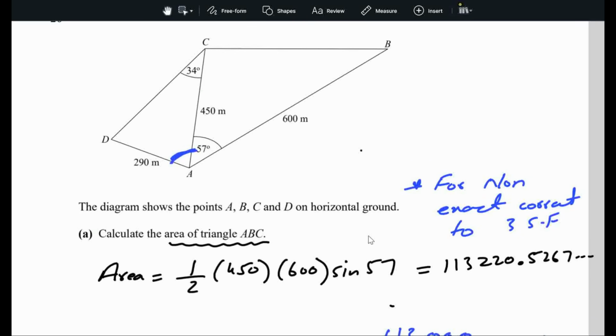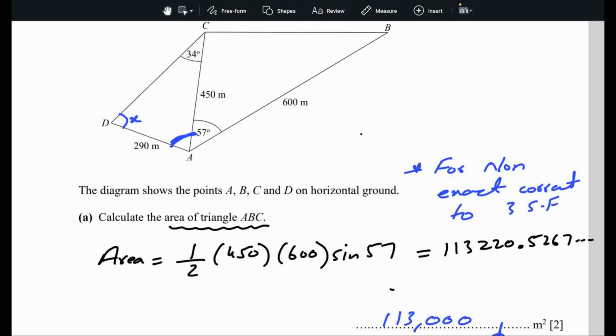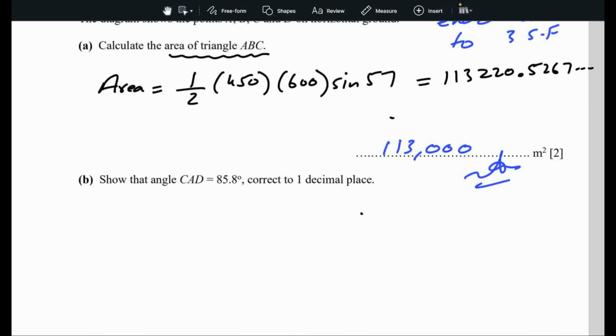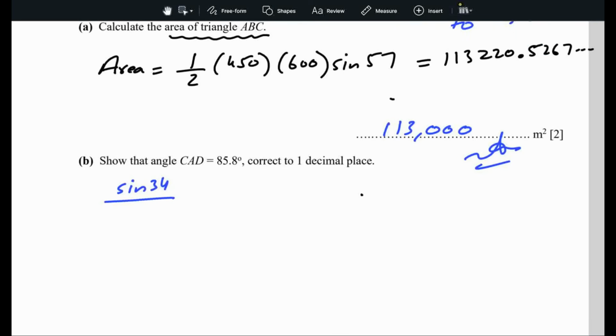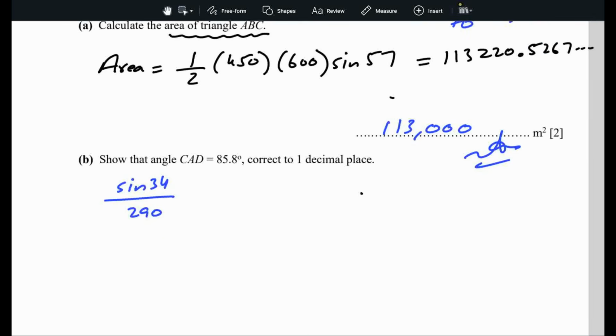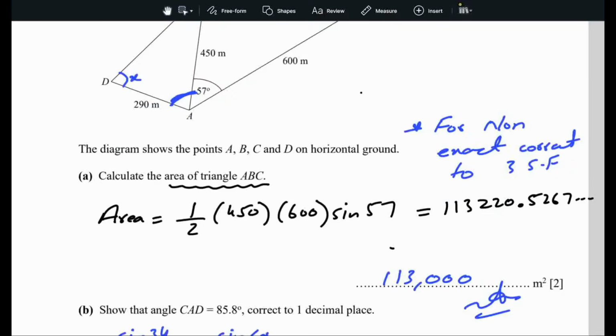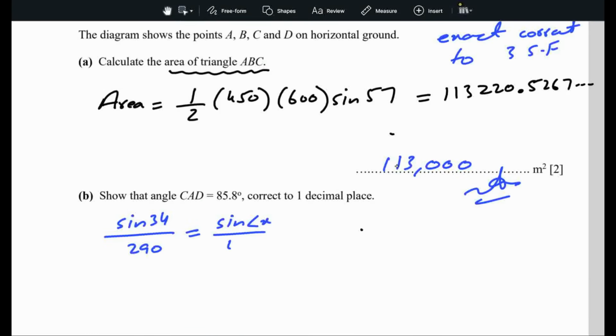So we can easily find out, let's say this angle is x. So we can write it as sine 34 divided by 290 is equal to sine of angle x divided by 450.